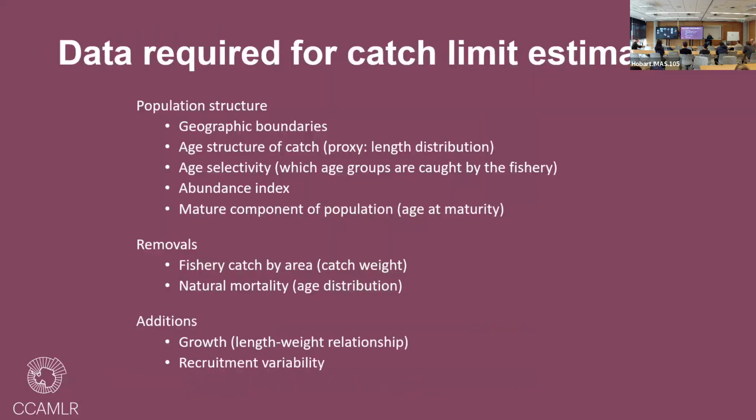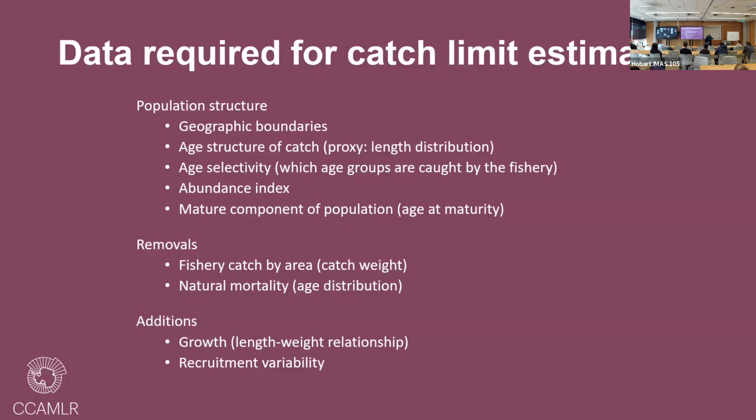In setting catch limits, especially in implementing CCAMLR decision rules, you actually need a significant amount of information. That information is around the population structure. Krill are really hard to age, so we use length proxies for a lot of the age selectivity or age structure of the population. Something of an abundance index, although that's not really important with krill, the way the modeling works.